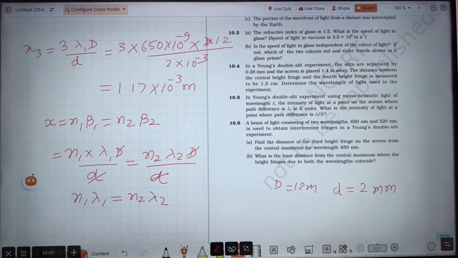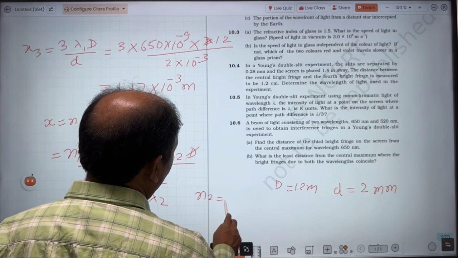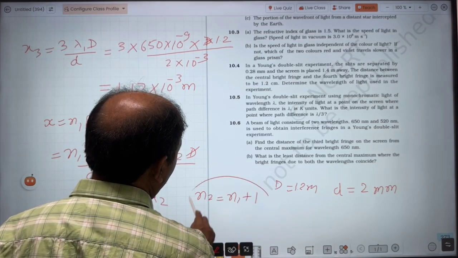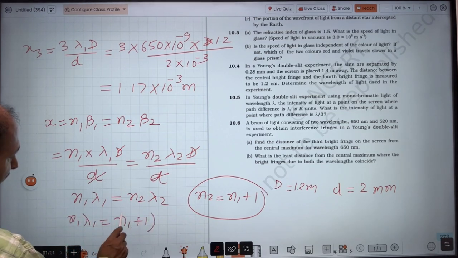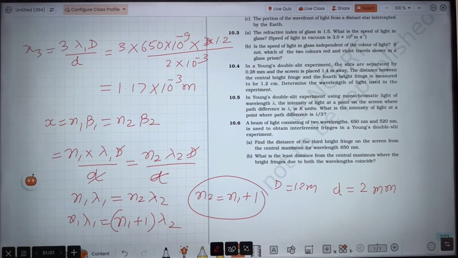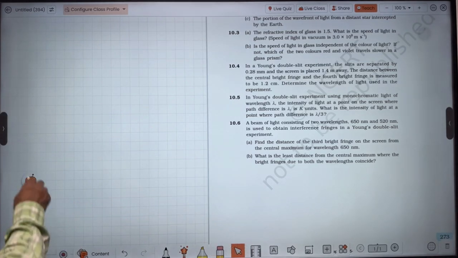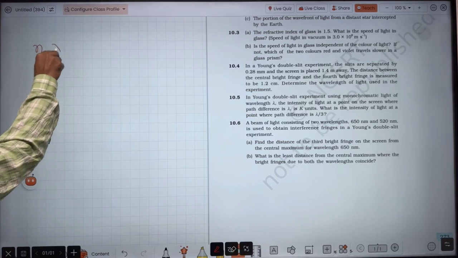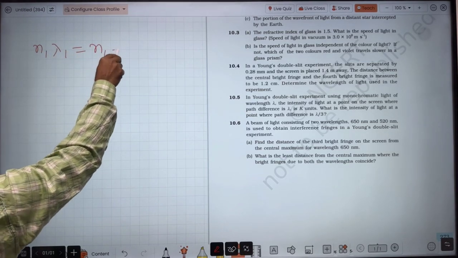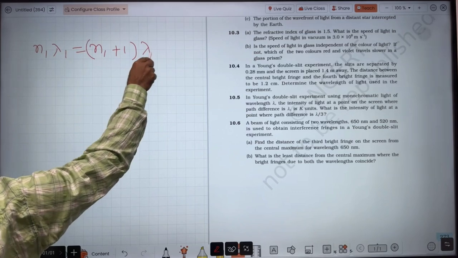Now we can assume that bright fringes will coincide when, suppose, in place of n2 we write n1 plus 1, a difference of 1. So n1 lambda 1 equals n1 plus 1 times lambda 2.